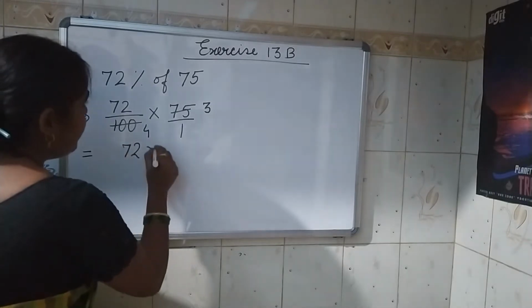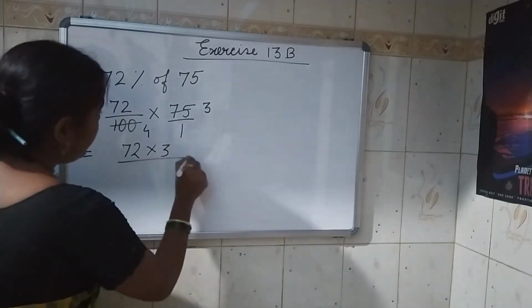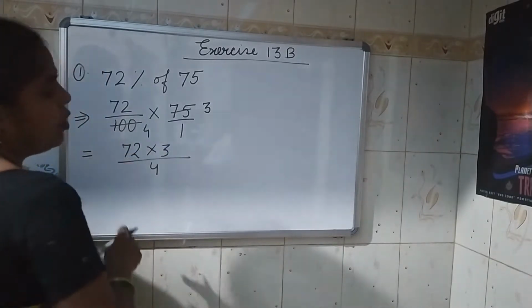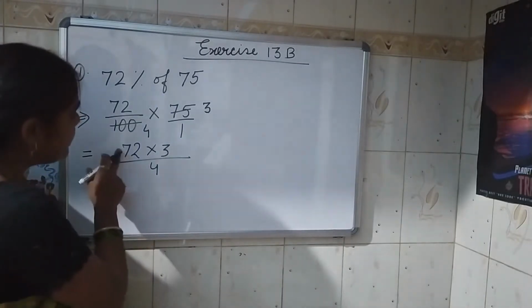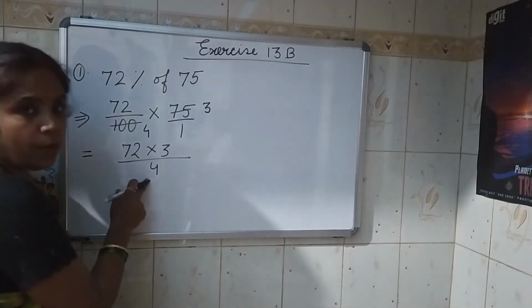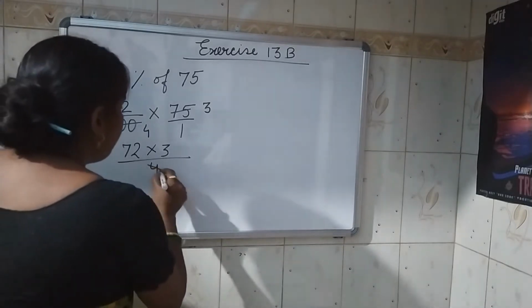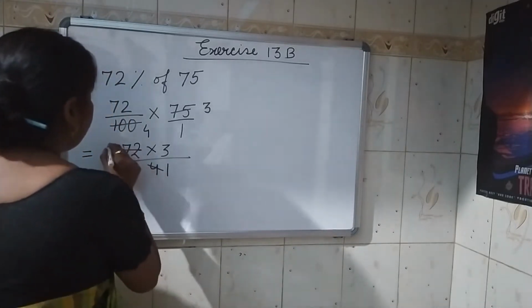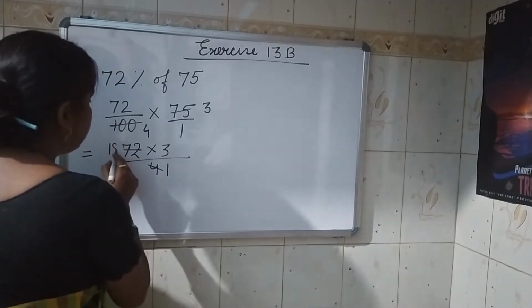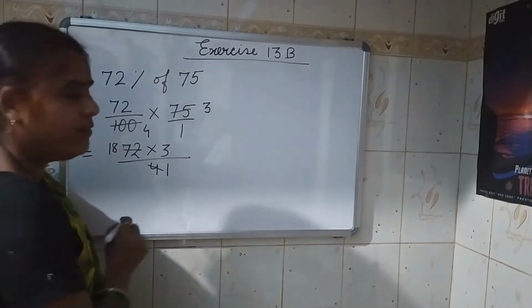Now we are switching to the next step: 72 multiplied by 3 upon 4. Now the denominator is there and we can see that the numerator is divisible by the denominator, so we can divide it. 4 ones are 4, 4 ones are 4, and 4 eights are 32. Short division method.